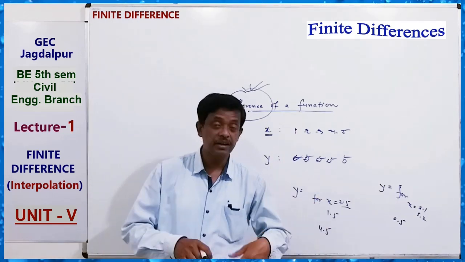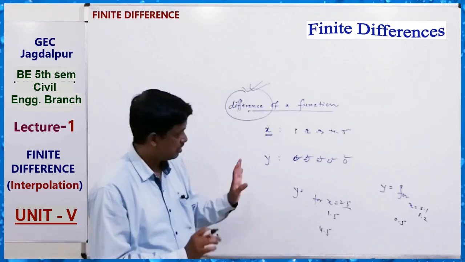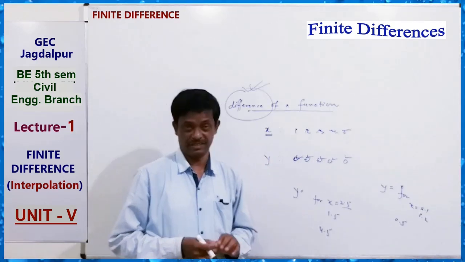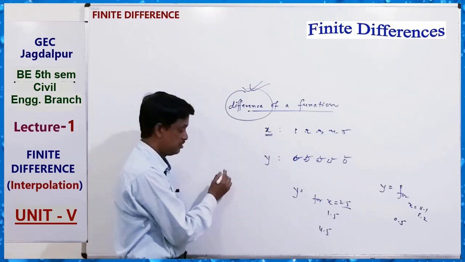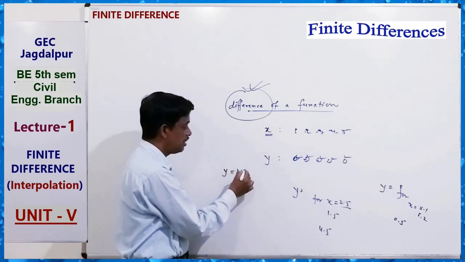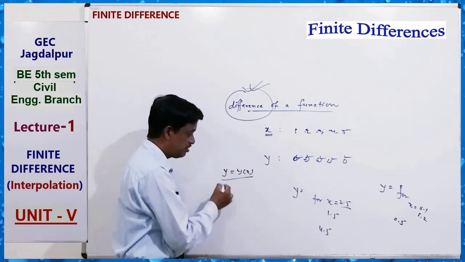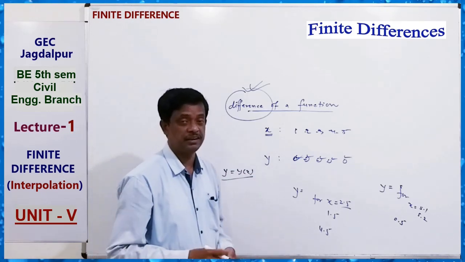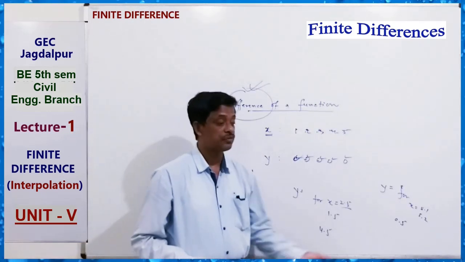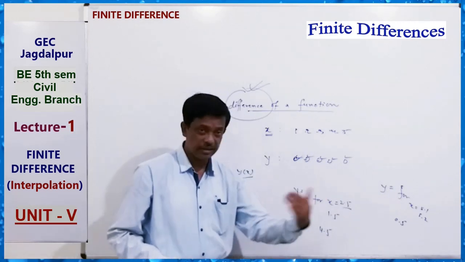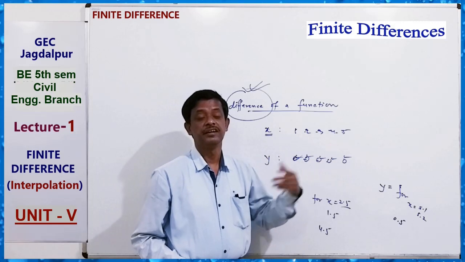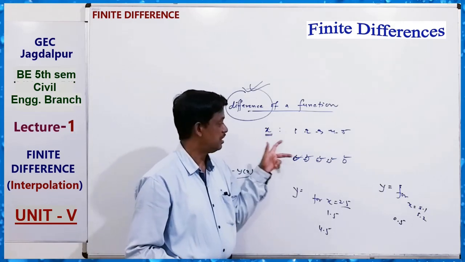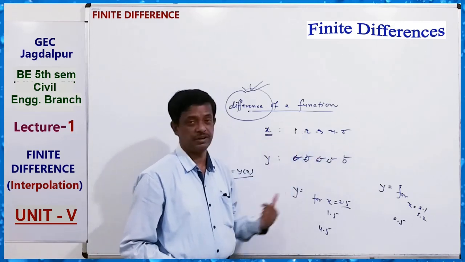Whenever we have a table, not the form of a function, because here also y depends on x, but its values are tabulated. We get these values from practical observations, so we can get a table of values of x and y.